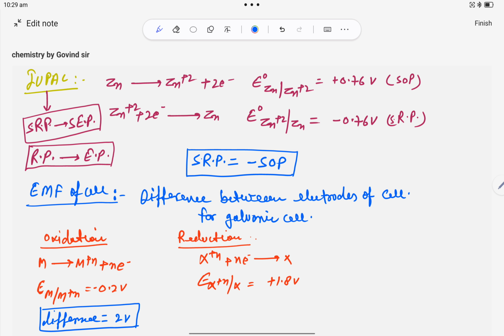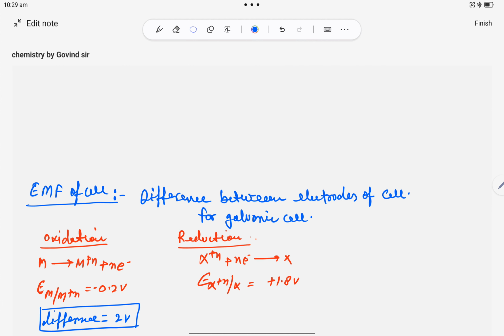How to calculate EMF of cell? EMF of cell is equal to oxidation potential plus reduction potential.